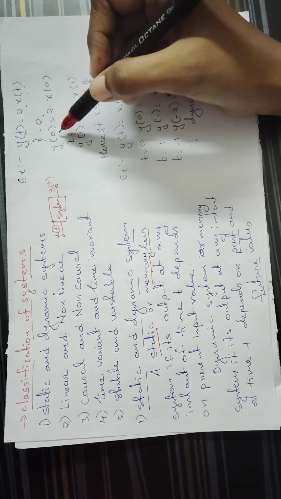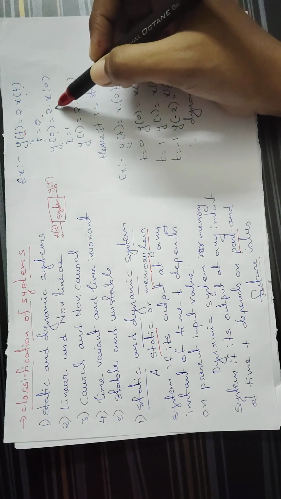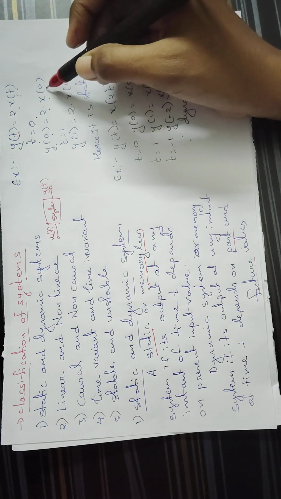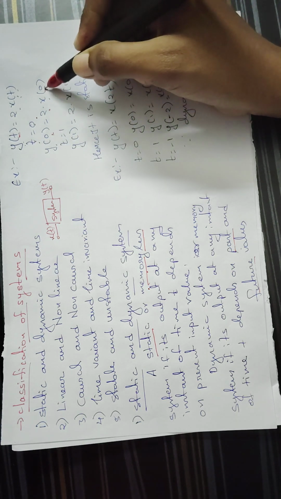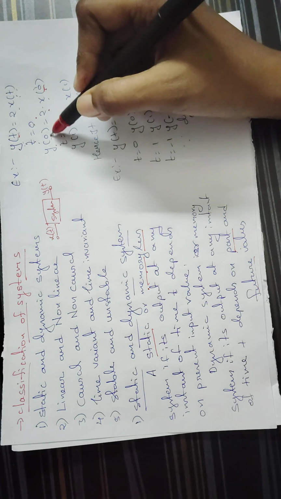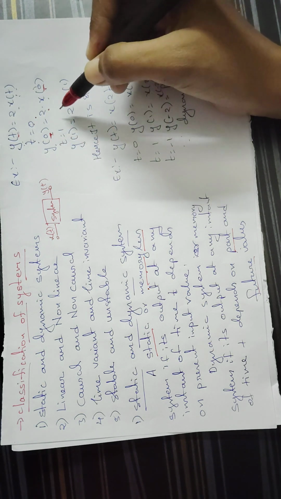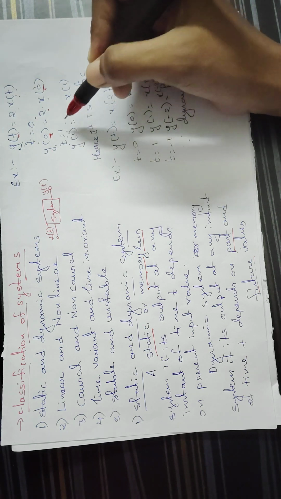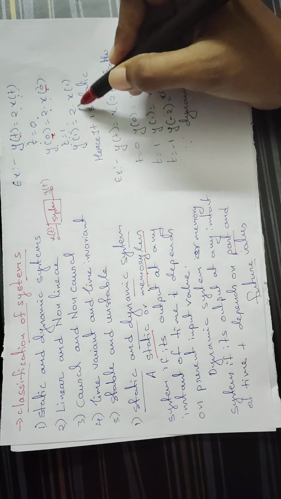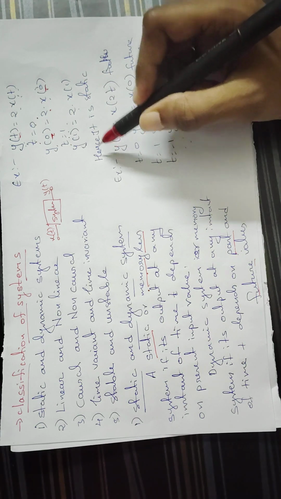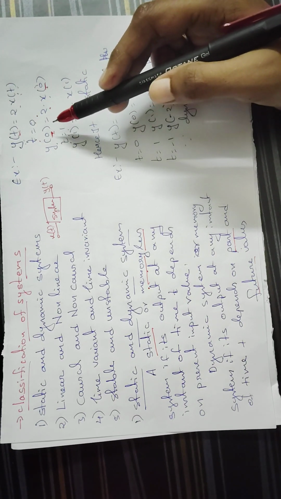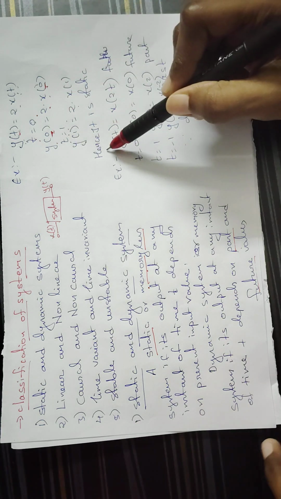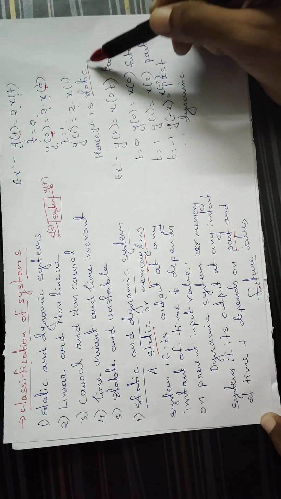If you substitute t equals 0, we get 2 into x of 0, so the output depends on the present input value. At t equals 1, y of 1 equals 2 into x of 1. Since it depends only on present values, the system is a static system.